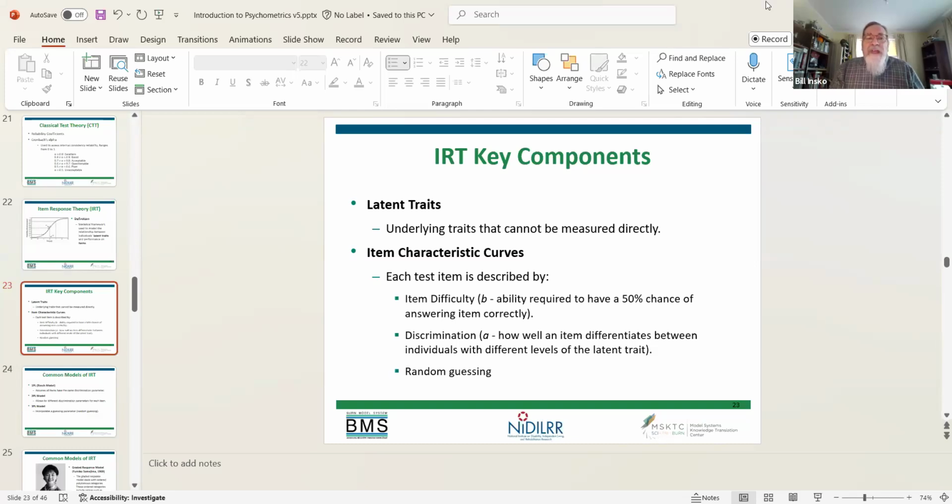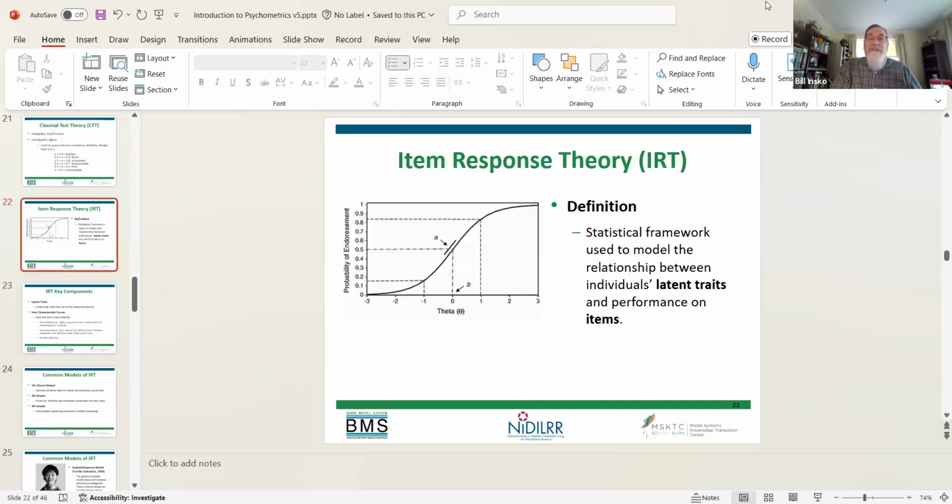But one of the things important about item response theory are item characteristic curves, and this is an item characteristic curve. The b at the bottom of the graph is actually the level of difficulty. The a has to do with discrimination.